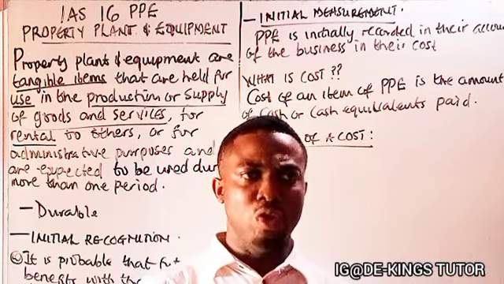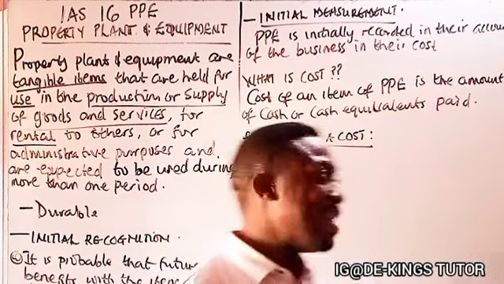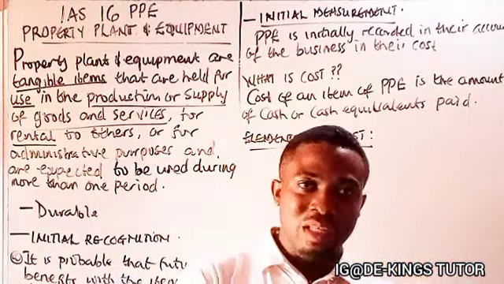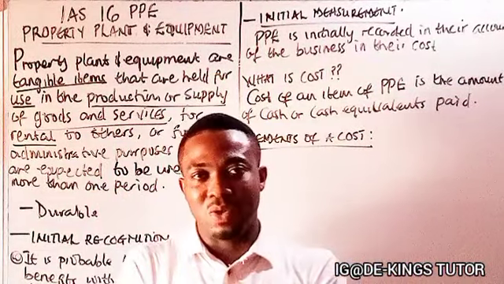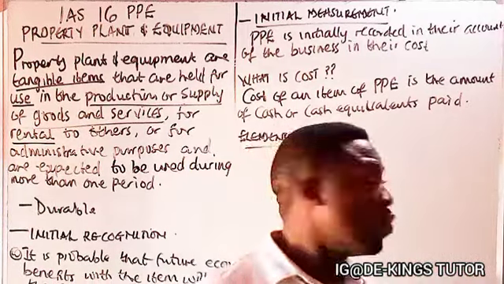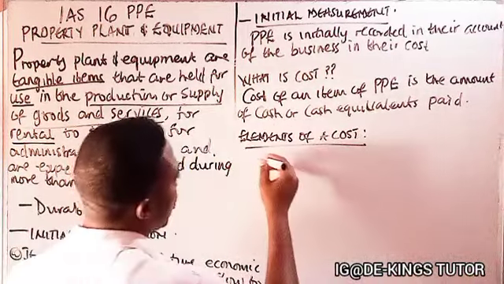So it doesn't only include the purchase price. So that is what consists of the elements. What are the items that gather around to make up a cost? We call it the elements of a cost.